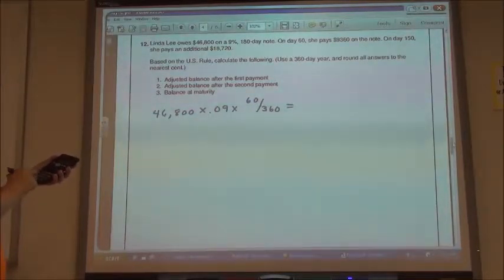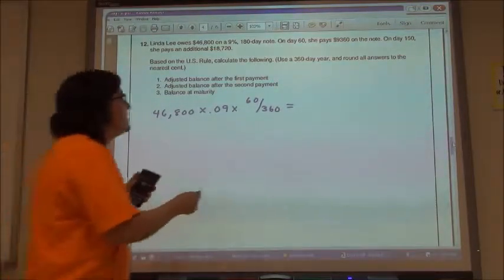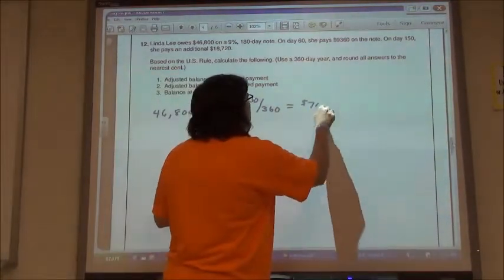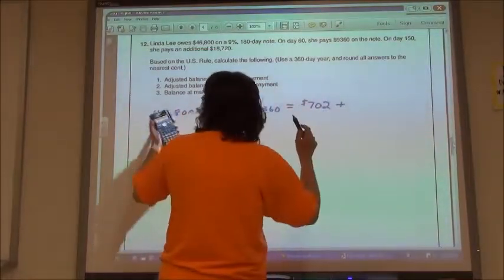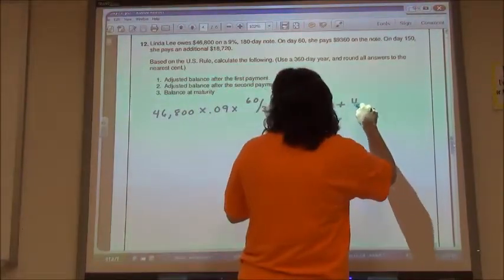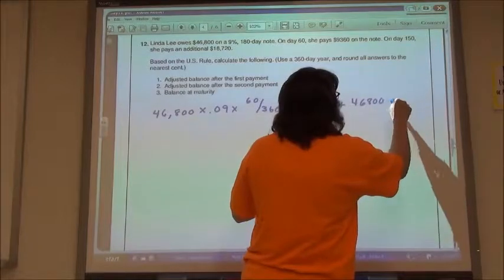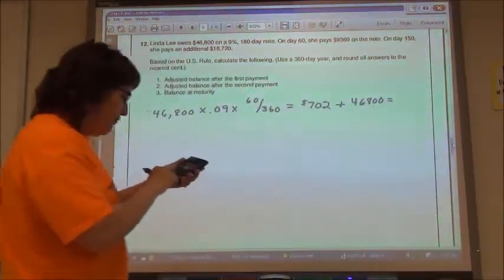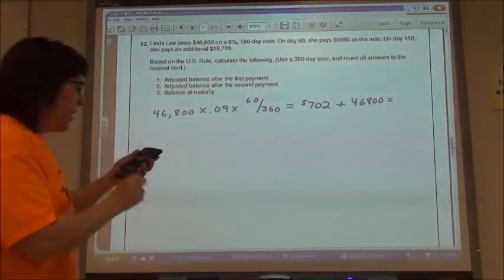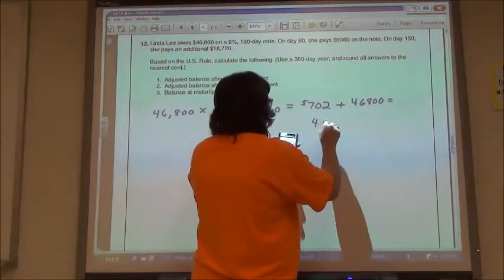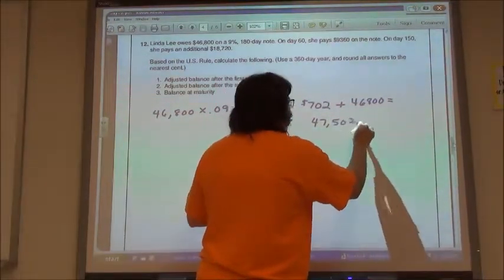46,800 times 0.09 times 60 divided by 360 gives me $702. I'm going to add my beginning balance, $46,800. So if I add the $46,800, I now owe $47,502.